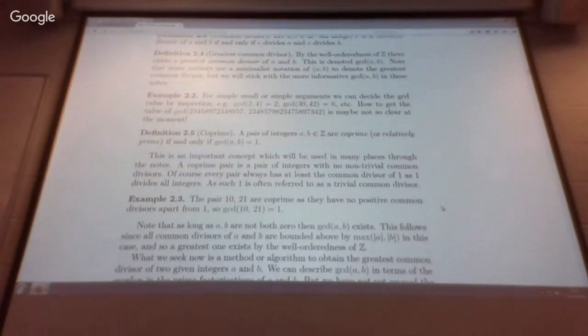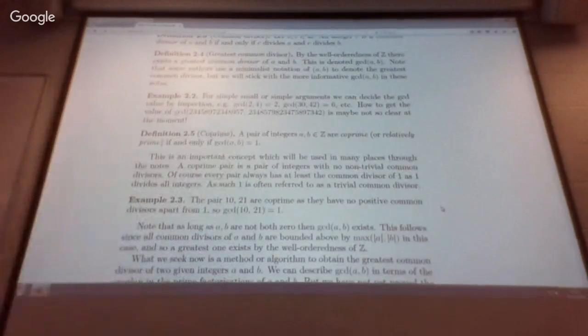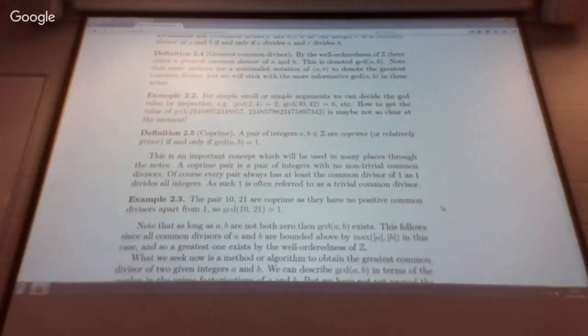Just some other terminology attached to it. In the special case where there are no positive common divisors apart from 1 itself, then we refer to the pair of numbers as being co-prime. So that's where the two numbers don't share any non-trivial factors at all. An example would be 21 and 25.